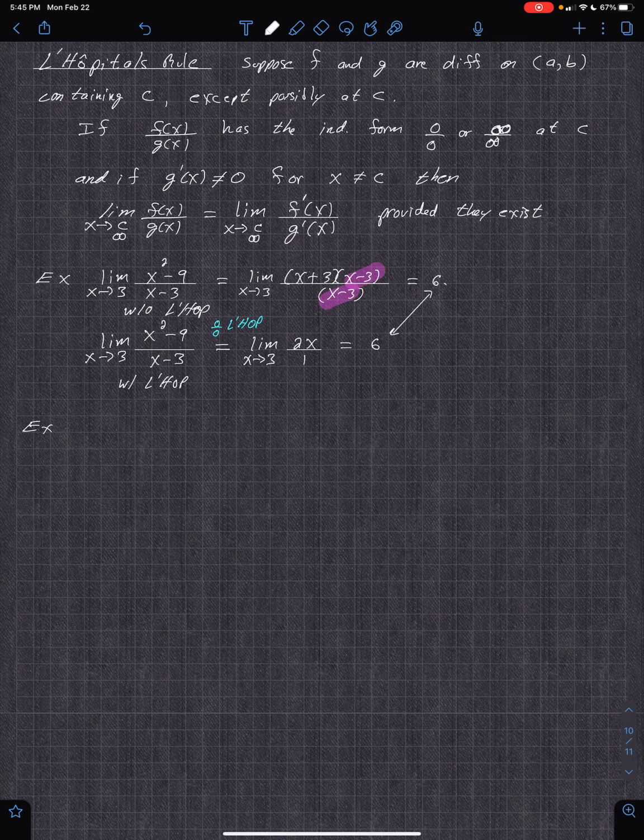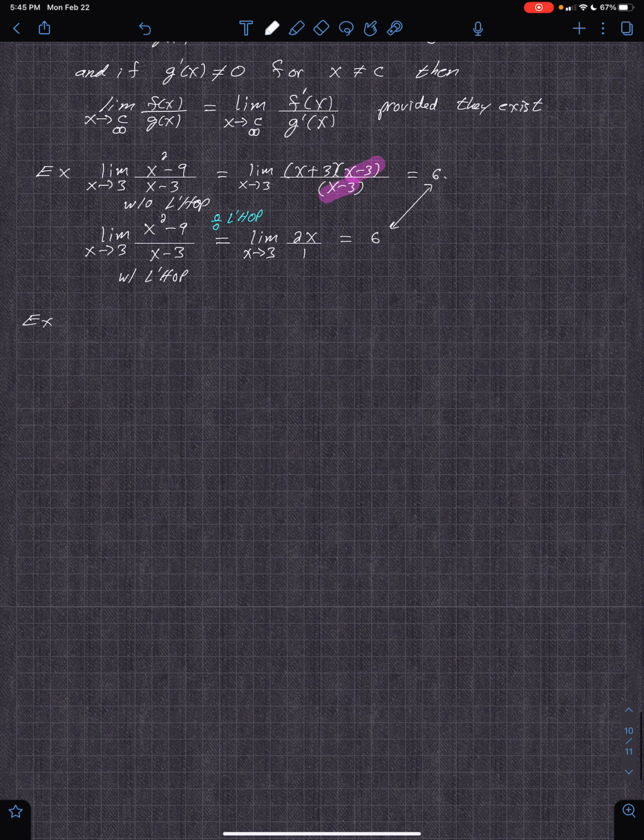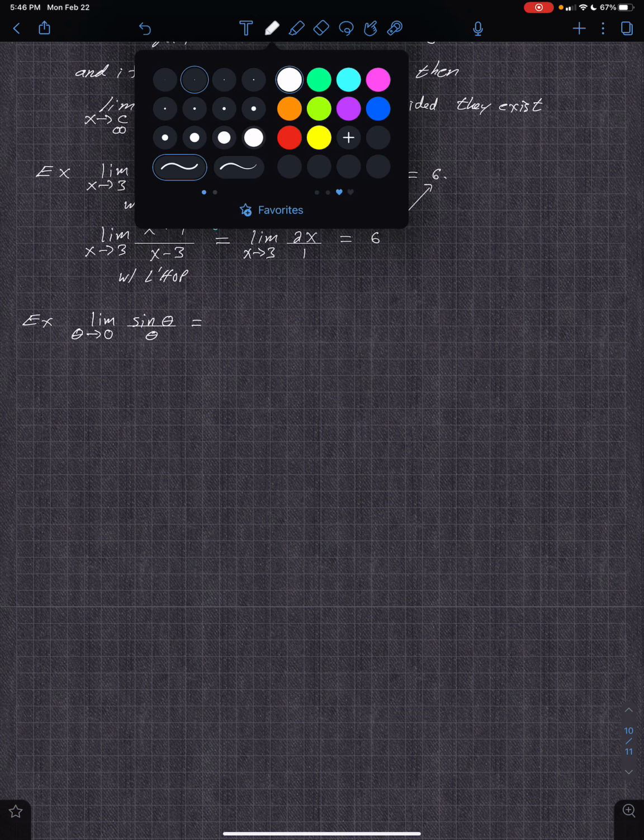Okay, so let's look at a typical one that's tough to prove otherwise. What if you had the limit of sine theta over theta as theta approaches 0? You can't do this one real easily.